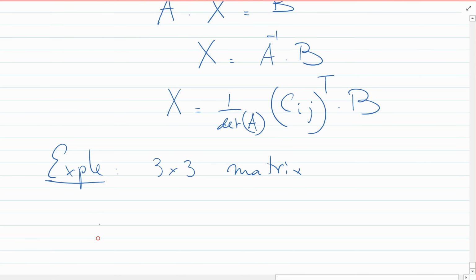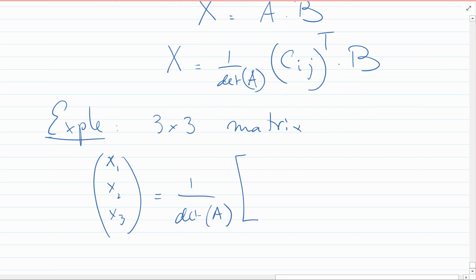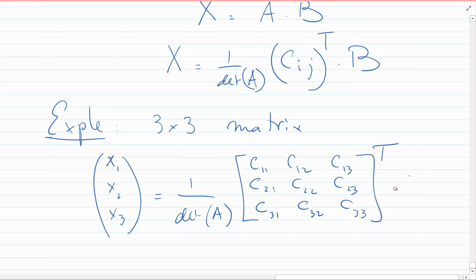We have x1, x2, x3 equal 1 over determinant of A times the matrix C11, C12, C13, C21, C22, C23, C31, C32, C33, but we take the transpose, times B1, B2, B3.